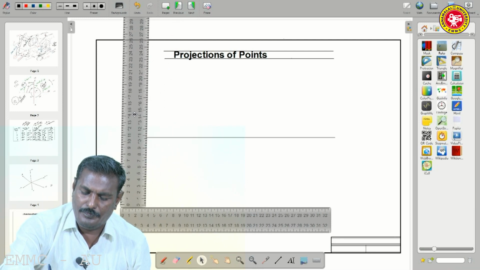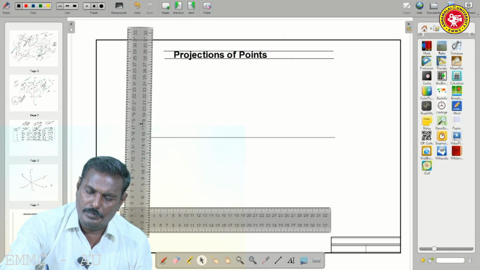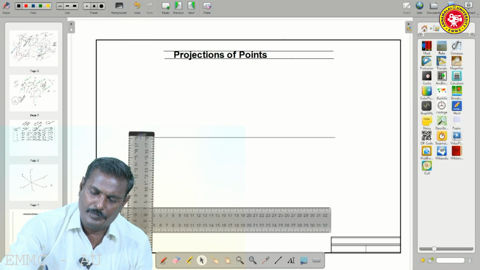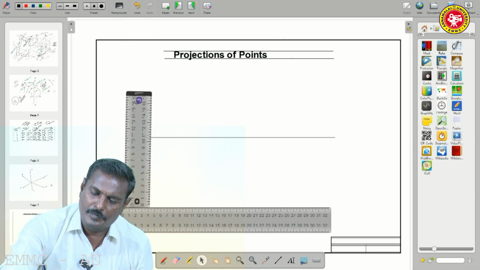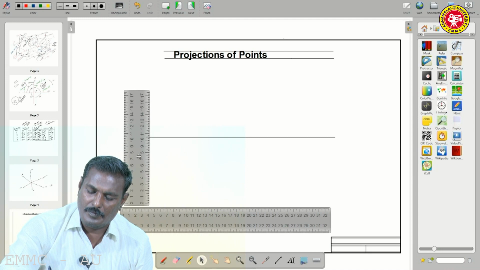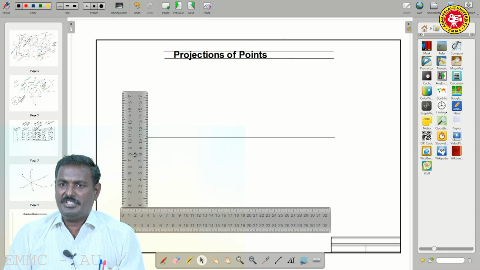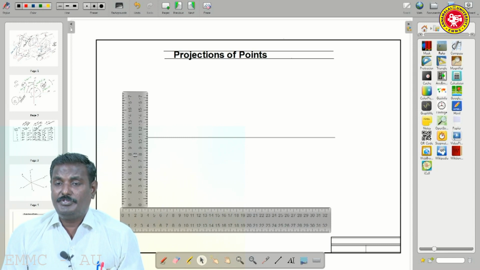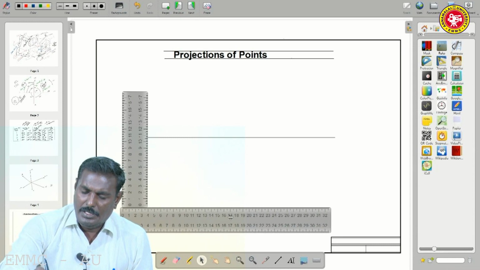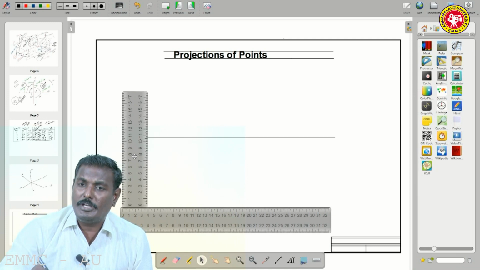So I want to make it 90 degrees. Yeah, mostly perfection is okay. By use of this scale I have to draw a projector.